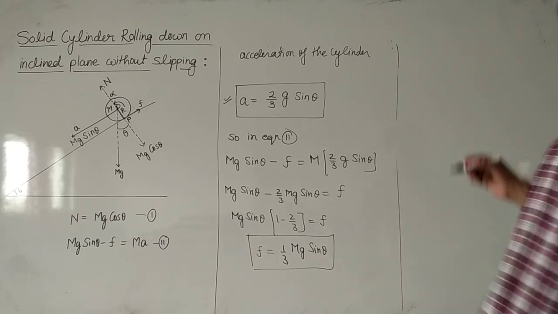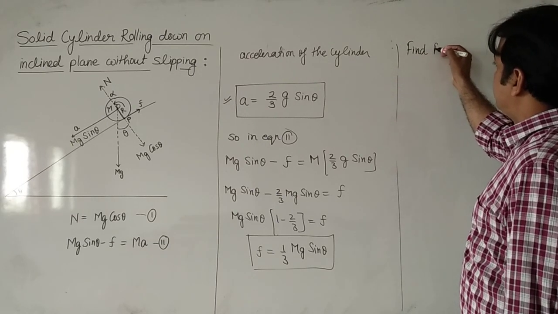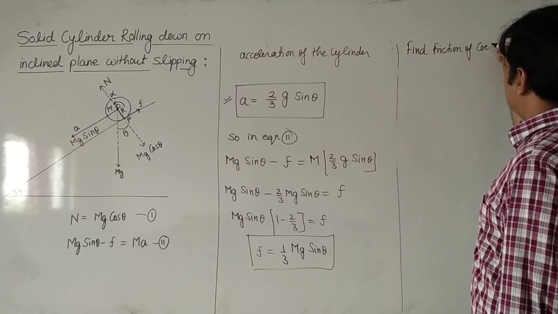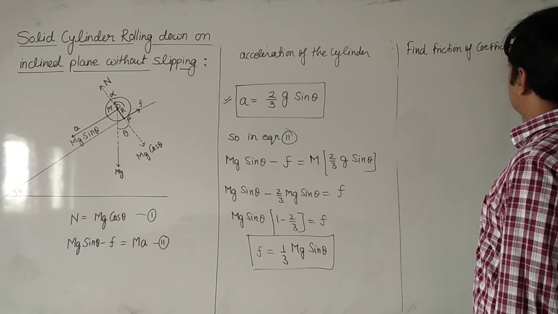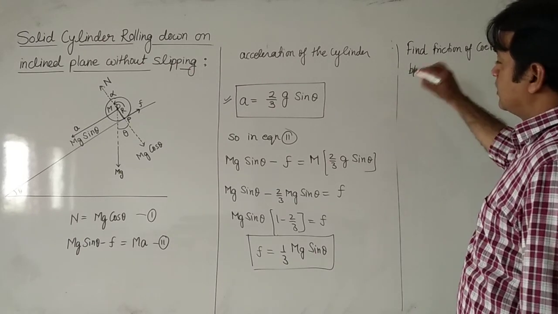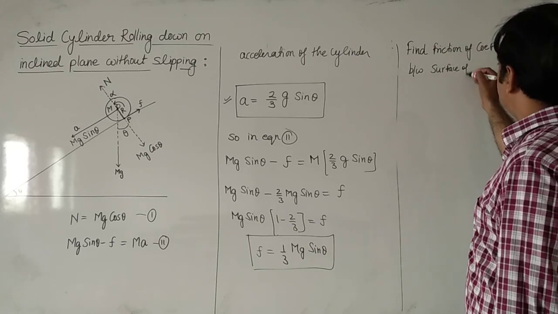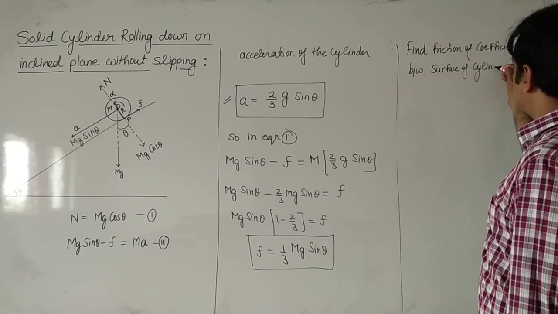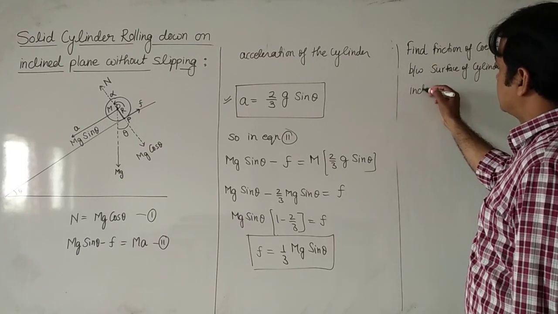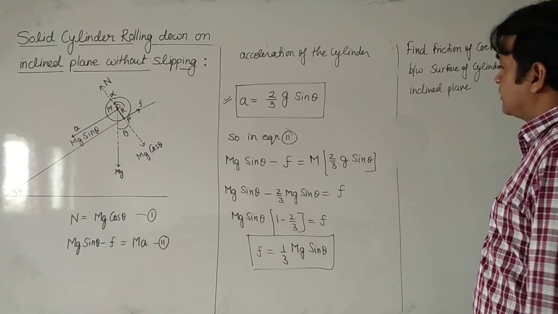And now again, find the coefficient of friction between the surface of the cylinder and the inclined plane. Okay.